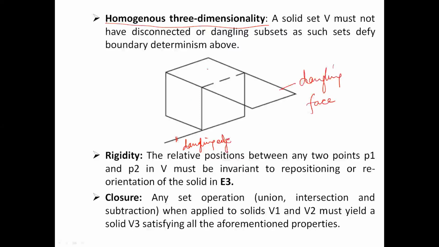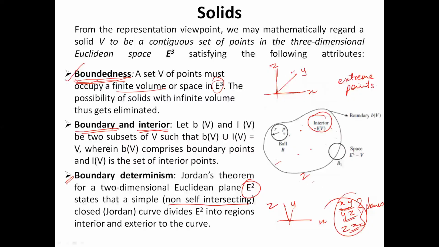If you have a very simple solid like a cube, and you create an additional face or an additional edge, you have to keep in mind that this edge and this face should not undermine these two concepts.